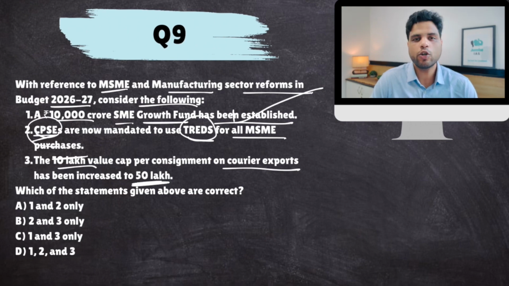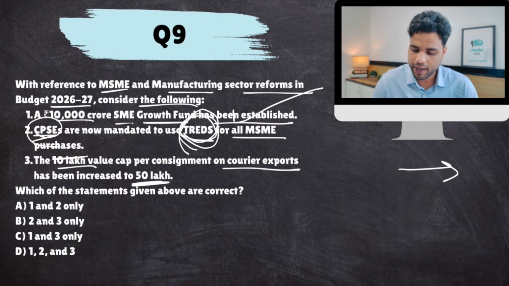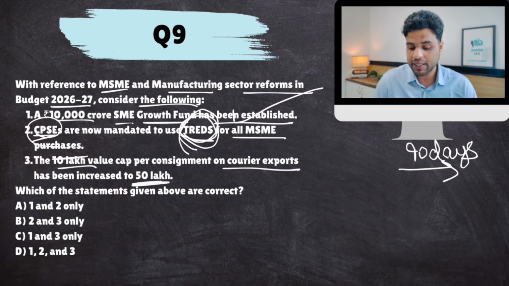Yes, CPSEs have been told that if you are purchasing anything from MSMEs, buy it on TReDS. Now, what is TReDS? When a big company purchases anything from MSMEs, they make a payment after 60 or 90 days. Till that time, these MSMEs have to wait. But sometimes they need the money ASAP. So they can use the bill.